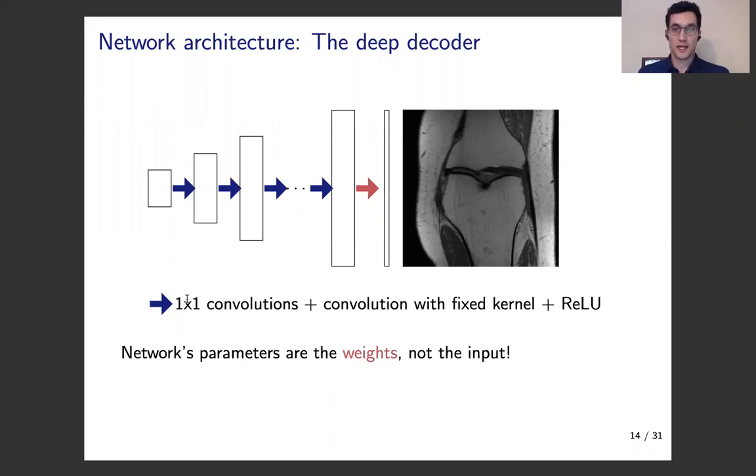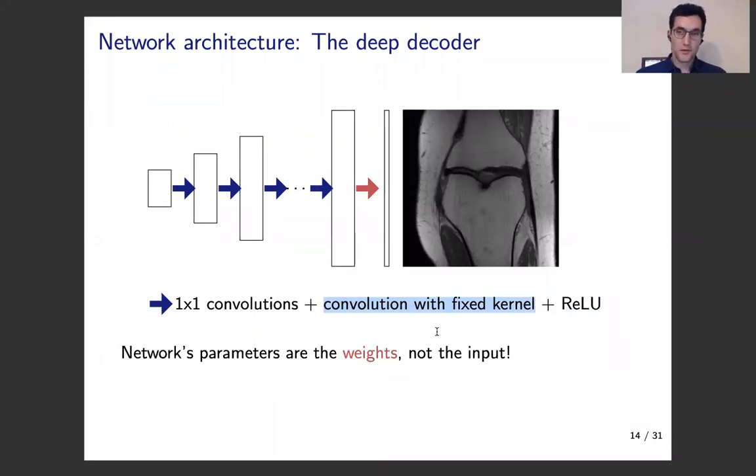First we form weighted linear combinations of these channels, and then we perform a convolution with a fixed kernel. In this case, it's a bilinear kernel, so it just interpolates neighboring pixels. After that, we apply a ReLU nonlinearity. That's the only transformation that we perform, 5 to 10 times.